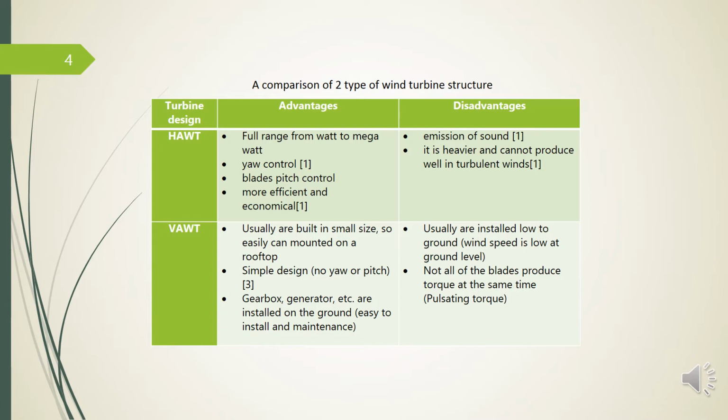But on the other side, we use vertical axis wind turbines for standalone systems, even just for one household or pico systems, because they are easy to install and take less space, and they also have a simple design because they have no yaw or pitch control. Also, because their gearbox and generator are installed on the ground, they are easy to install and maintain.